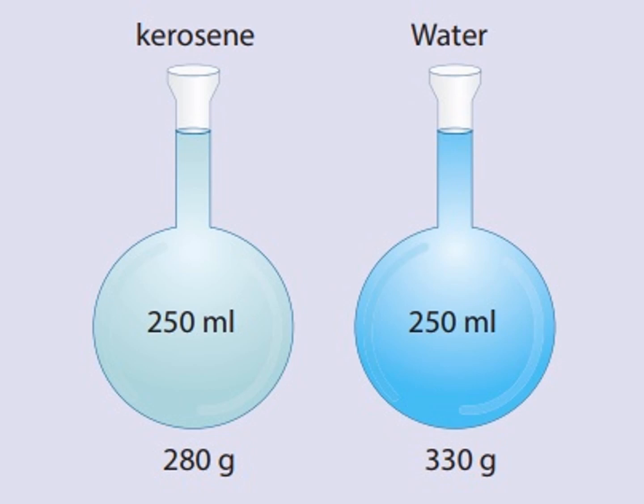To understand density better, let us assume that the mass of the flask is 80 gram. So the mass of the flask filled with water is 330 gram. Why 330 gram? The flask 80 gram, water 250 milli.